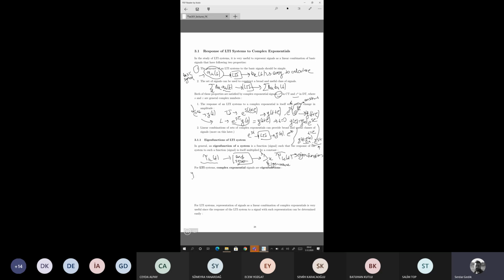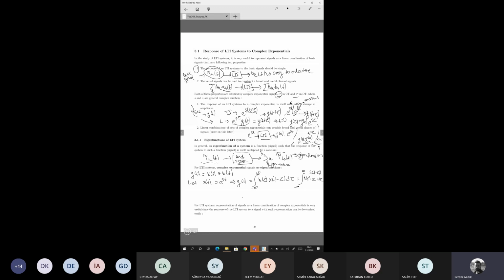So what does it tell you? Let's again write a general LTI system. Simply, y of t is x of t convolved with h of t. Let's select x of t as e to the power st. Then what's the output? Y of t is the integral from minus infinity to plus infinity of h of tau x of t minus tau d tau. It is equal to the integral from minus infinity to plus infinity of h of tau e to the power s(t minus tau) d tau.